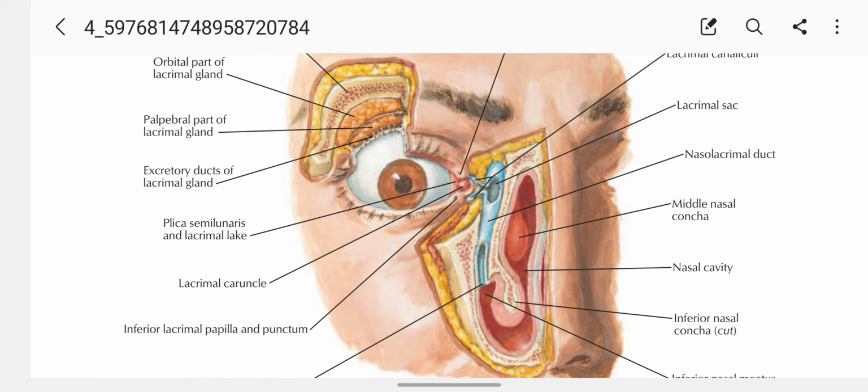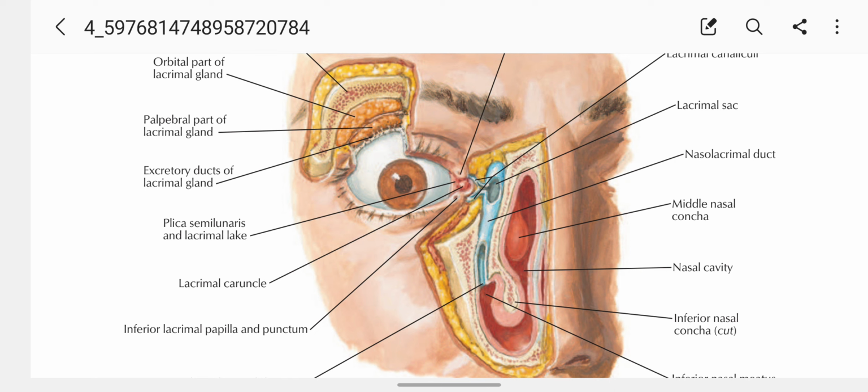From the lacrimal sac, it continues inferiorly to the nasolacrimal duct, and this nasolacrimal duct moves downward, backward and laterally, and enters the lateral wall of the nose to the inferior meatus.